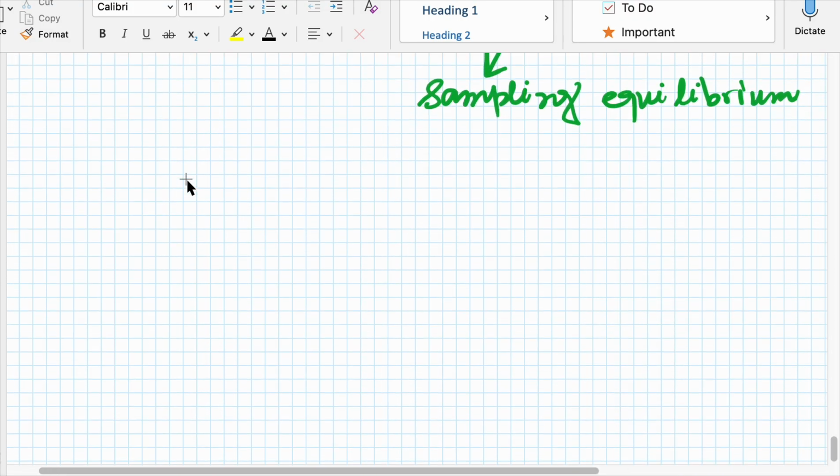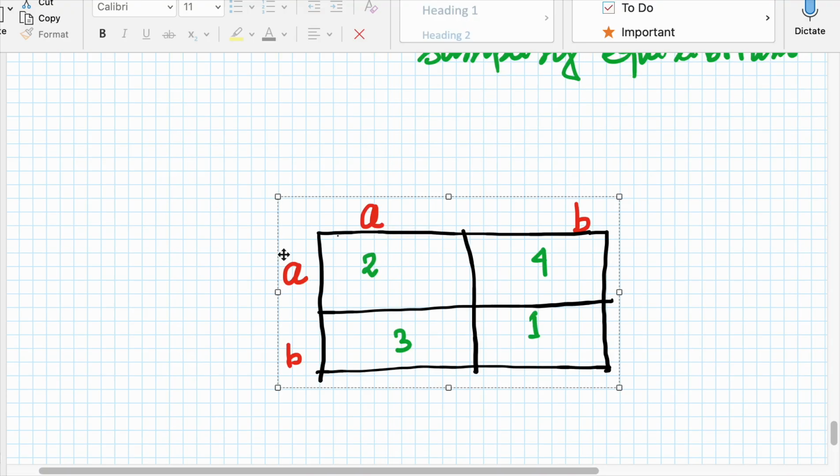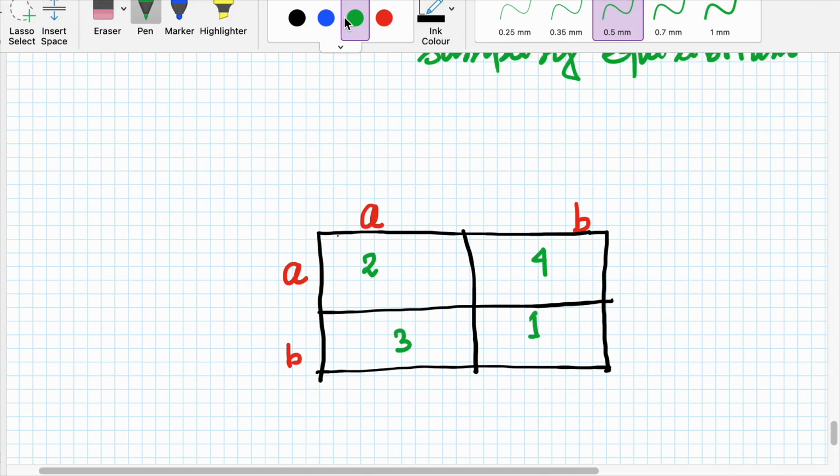So we will calculate the Nash equilibrium. First we will see the mixed Nash equilibrium.